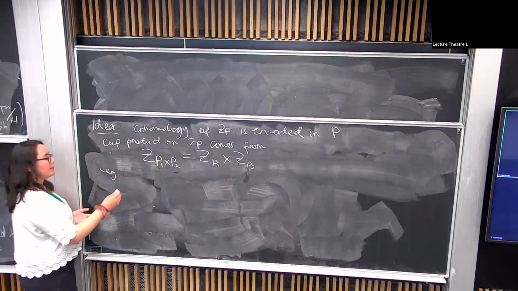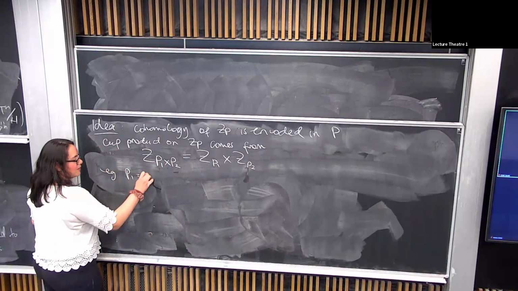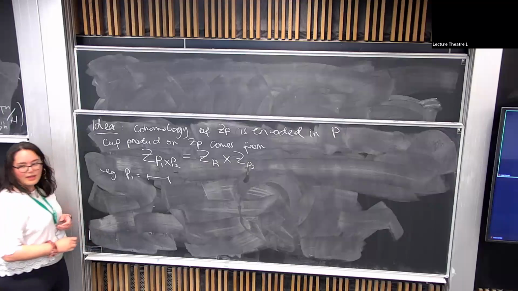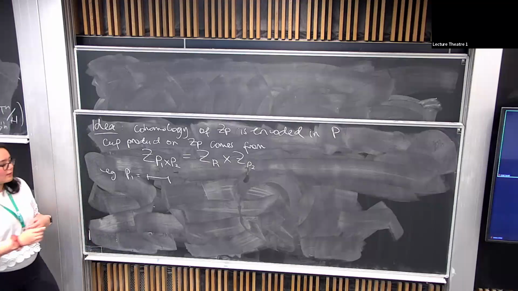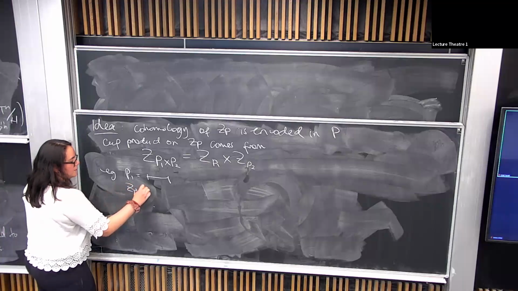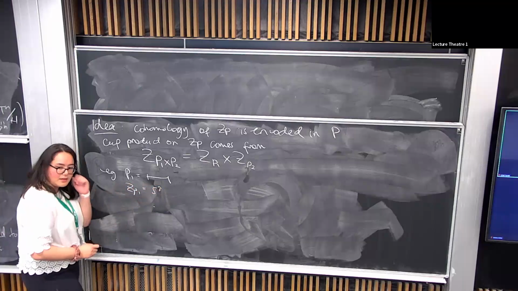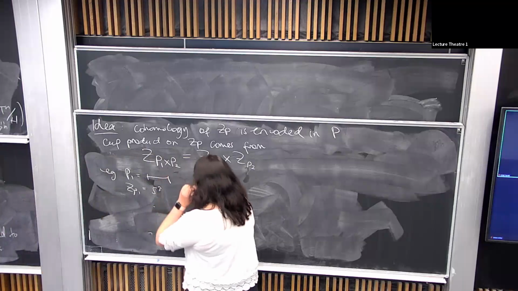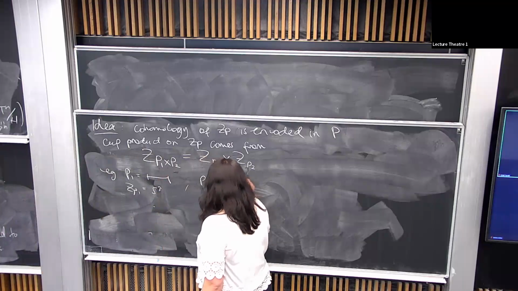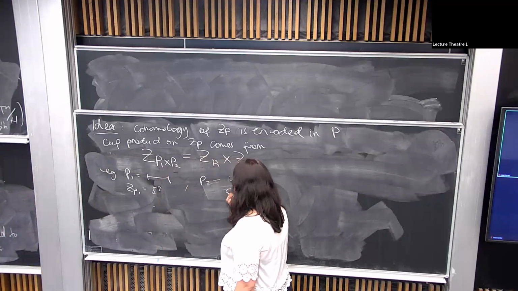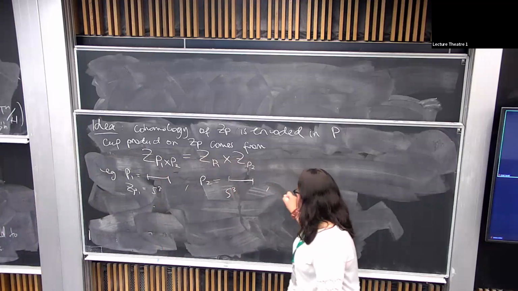So for example, if P1 was our example from earlier, this interval, we knew that Z_P1 should be an S^3. If we take another copy of this, so maybe P2 is also an interval, we get another copy of an S^3 here.